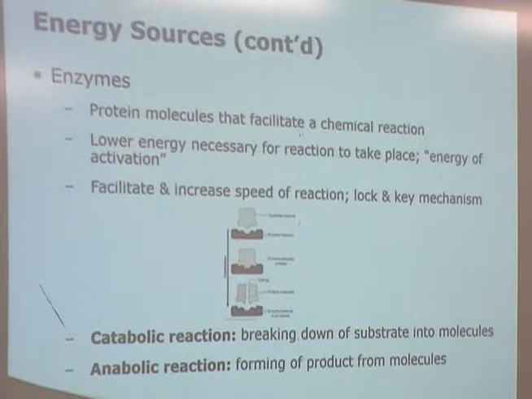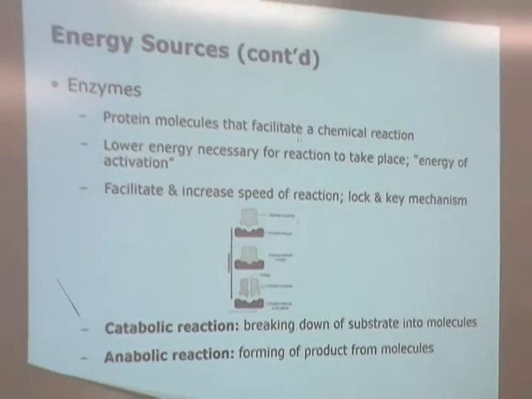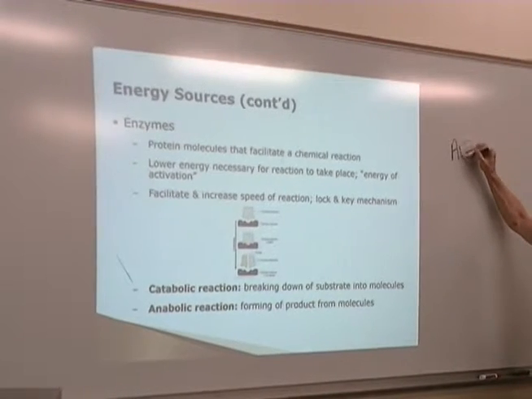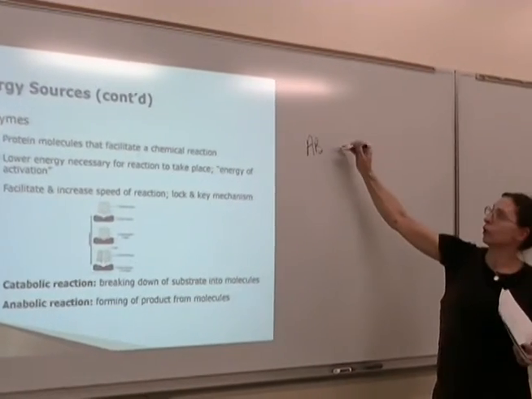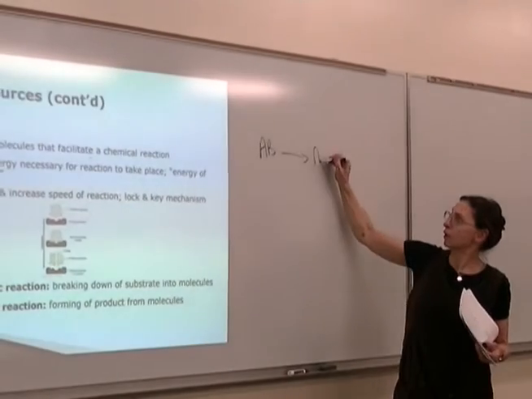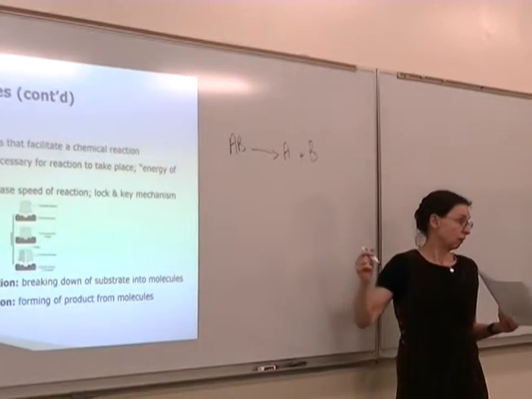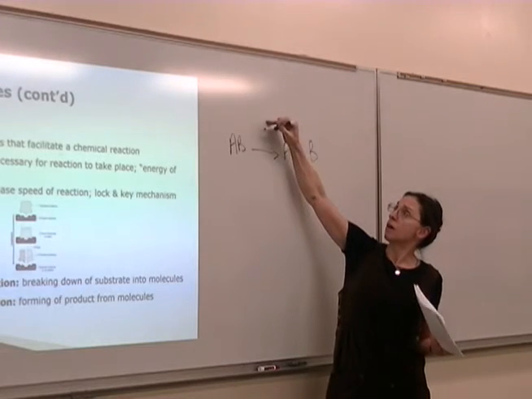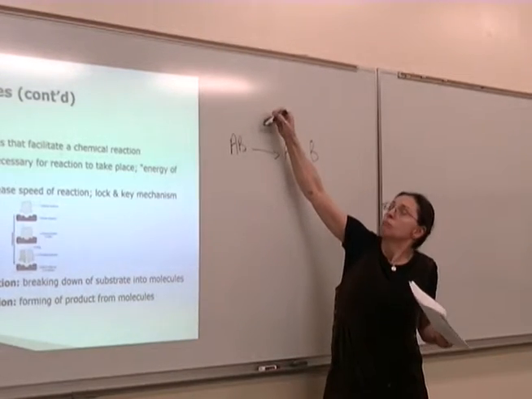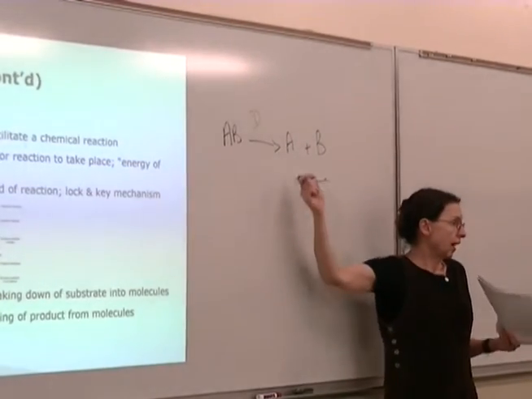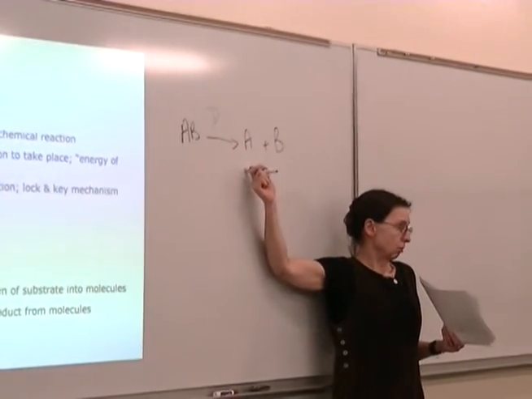So, when I'm looking at molecule AB, and I want to break molecule AB down into molecule A and B, then there would be an enzyme that helps that occur.